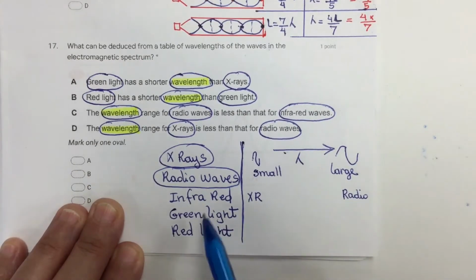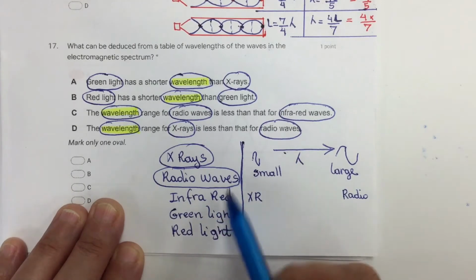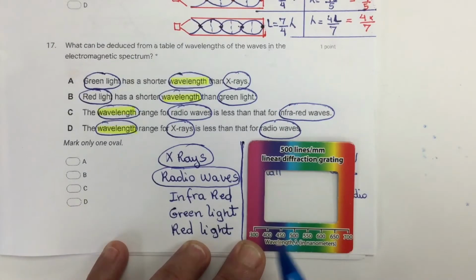A great clue here: infrared and red go side by side. Comparing green light with red light using this diffraction grating here, the red light is 700 nanometers, and the green light is less. So the green light should be closer to the X-ray.